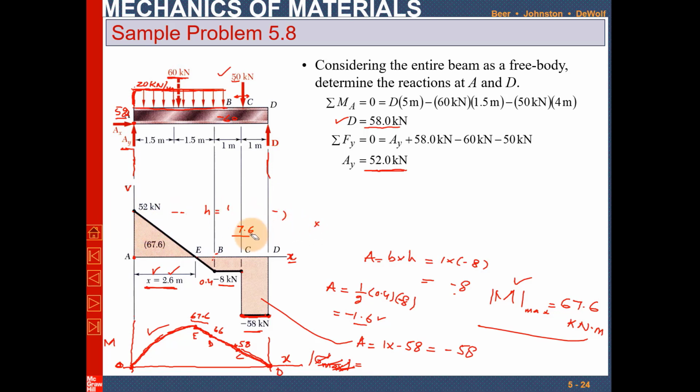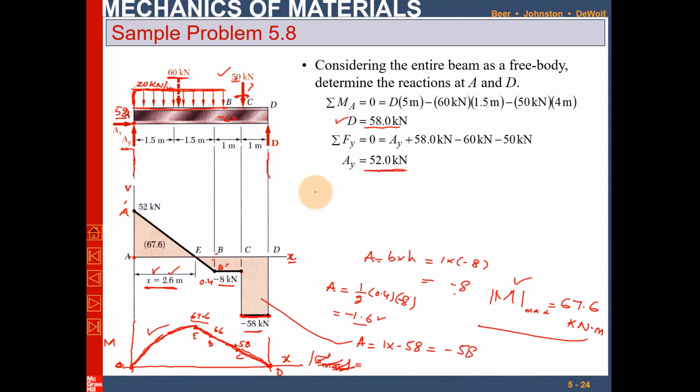So if you look at these two triangles, triangle A dash E and triangle E B B dash, these are similar triangles. By similar triangles, if we take the ratio of their corresponding sides, they will be equal.